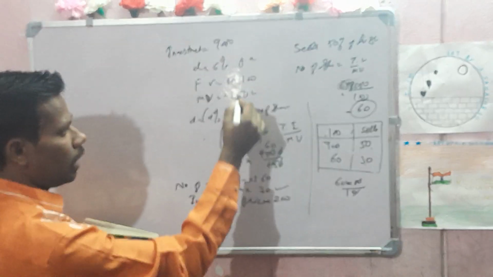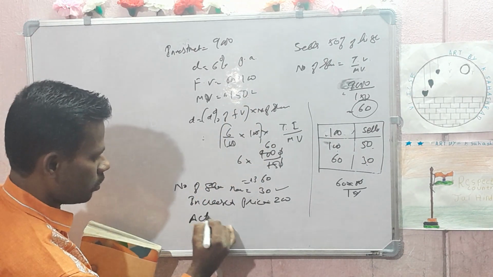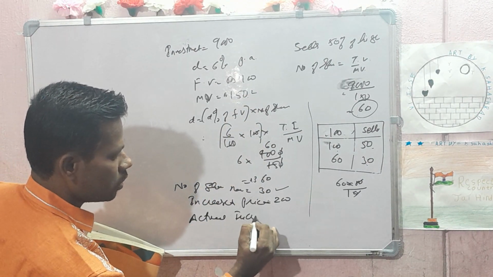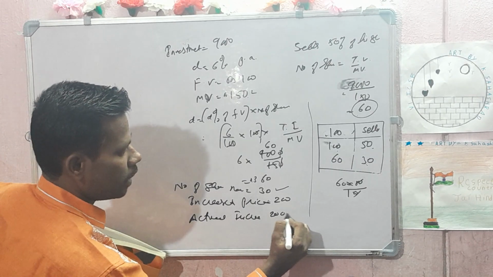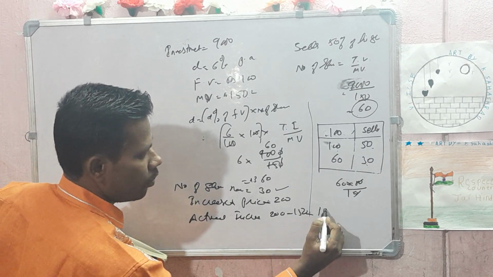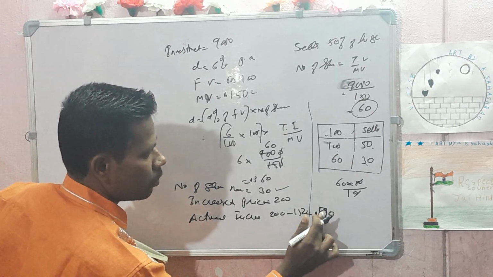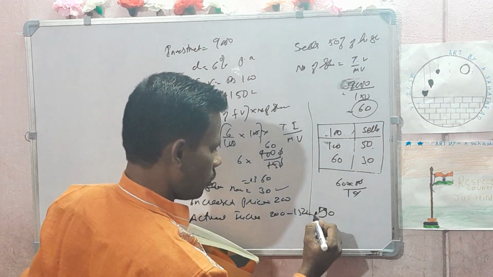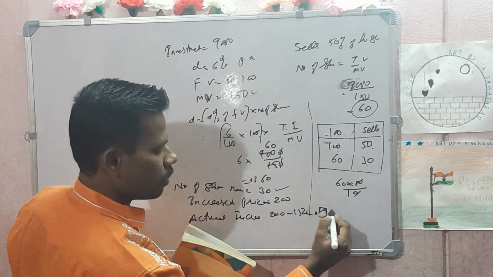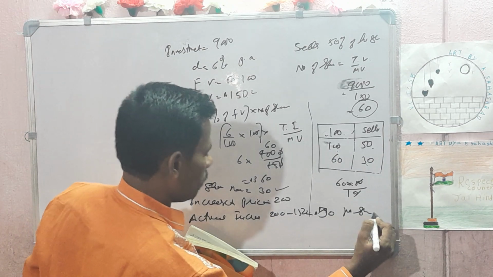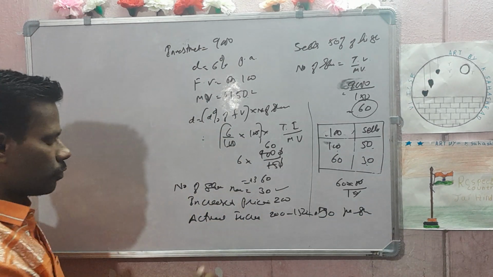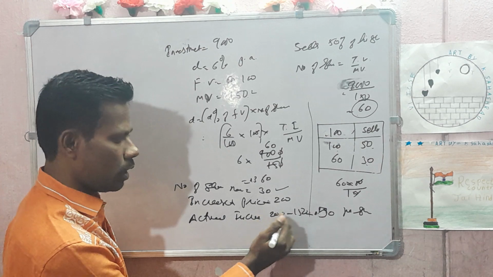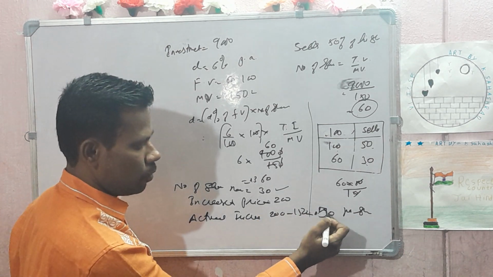Actually, what is the actual increase? Actual increase is 200 minus 150. That is 50. 50 rupees is the actual increase per share.